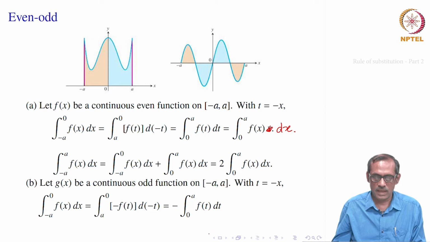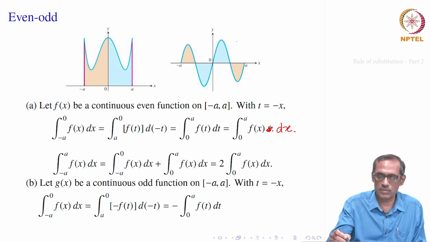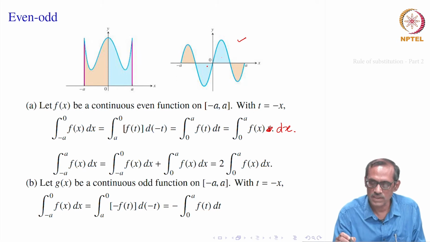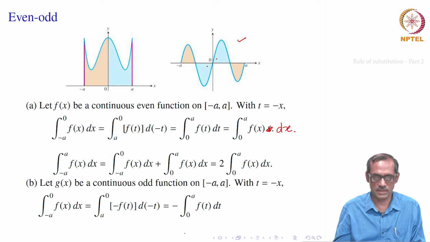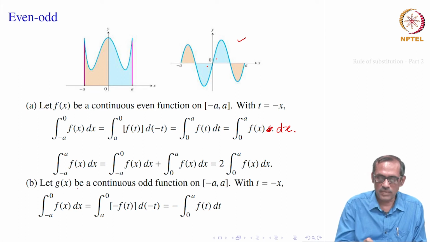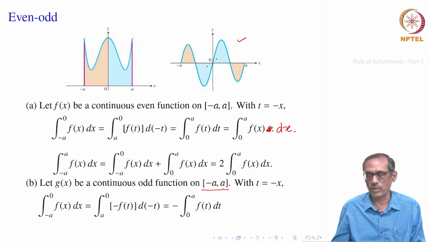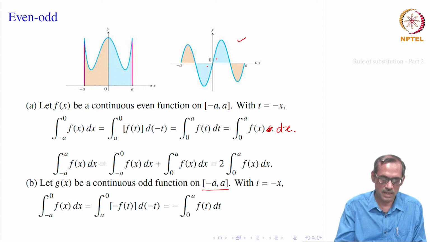Okay. Now, we go for the next one, which is an odd function. So, it looks something like this: f of minus x will be minus f of x. Suppose g of x is a continuous odd function on the symmetric interval minus a to a. Again with the same substitution t equal to minus x, we find that the integral from minus a to 0 of f of x dx, now f of minus t becomes minus f of t, and d of minus t we kept as it is.